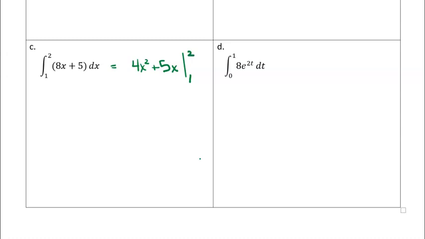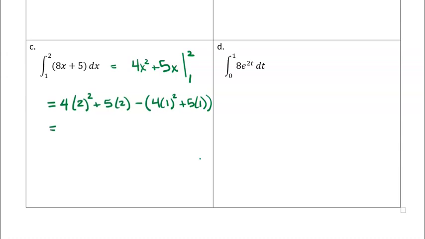All right, now I'm just going to take 4 times 2 squared plus 5 times 2. And then I'm going to subtract. Now I have to subtract the whole thing, so I'm going to put parentheses around it. I get 4 times 1 squared plus 5 times 1, right? I'm subtracting the whole thing.